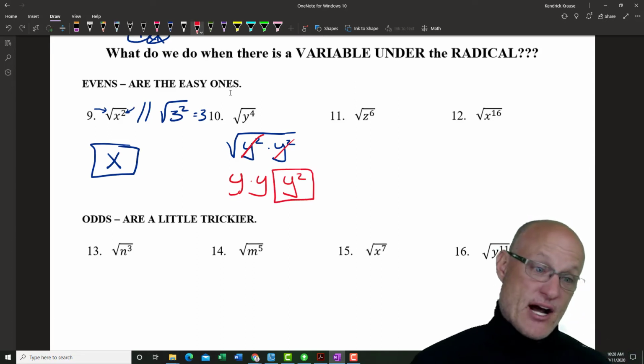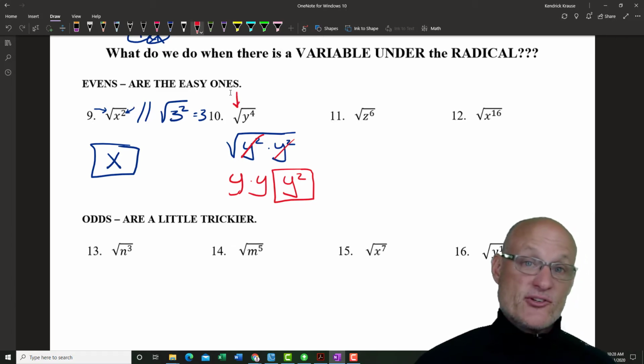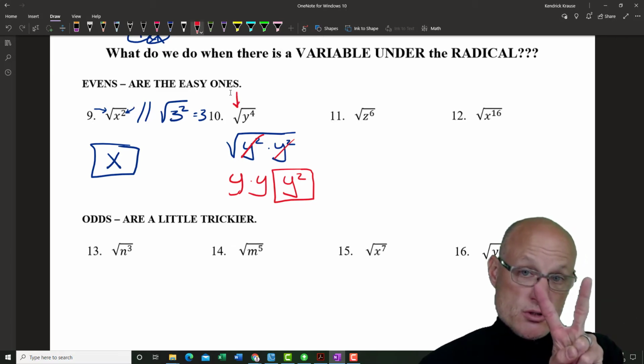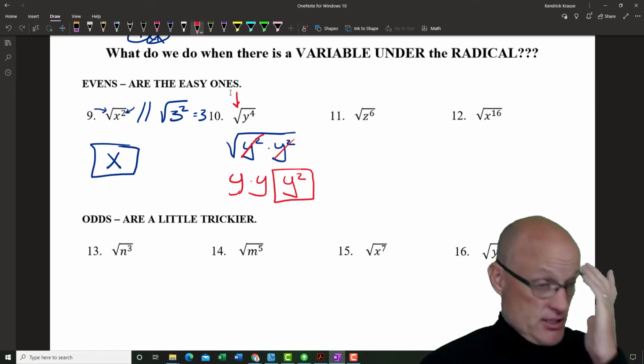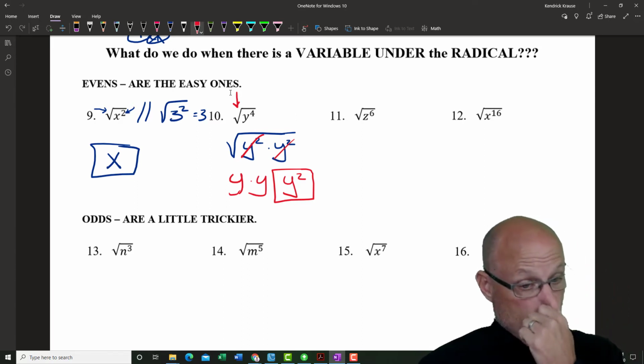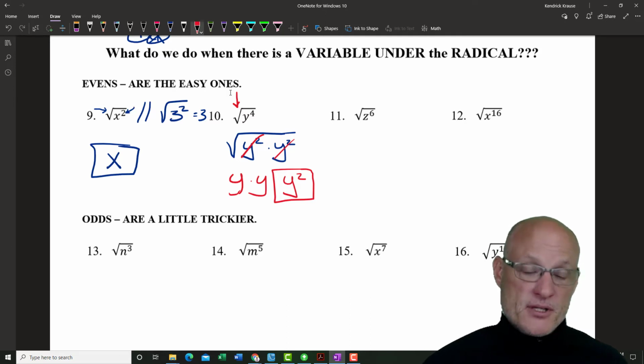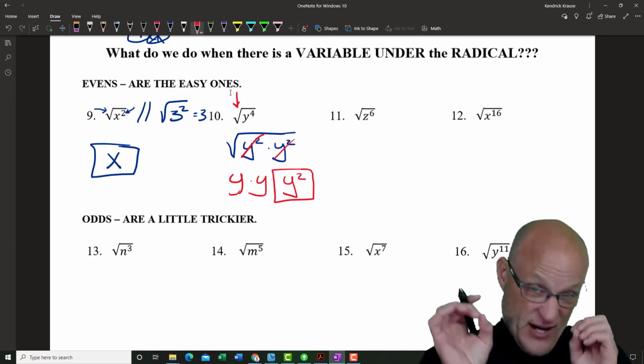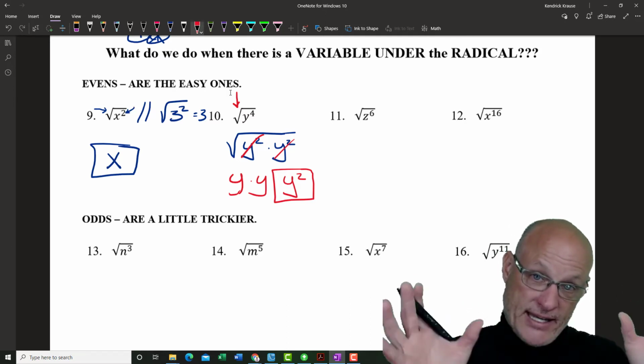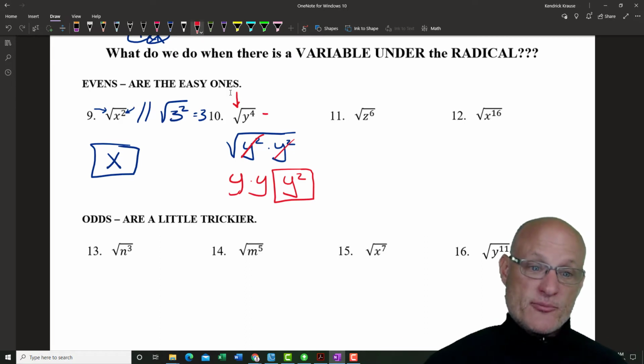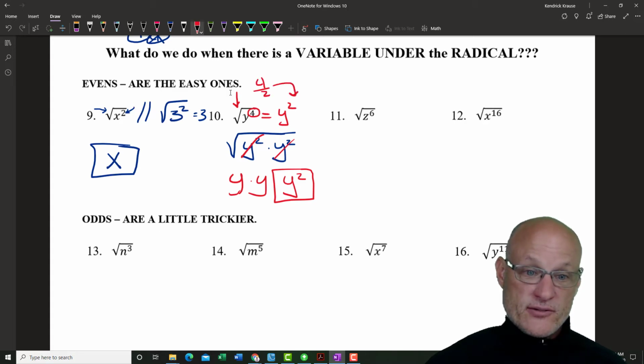What you're going to find out is this square root cancels out 2 of the exponents, right? So if we have 4, that means we have 4 of them, we're going to divide it by 2. So for every group of 2, they kind of cancel each other out. So this ends up just being y squared. So you're going to take this 4 and divide it by 2 to get this.